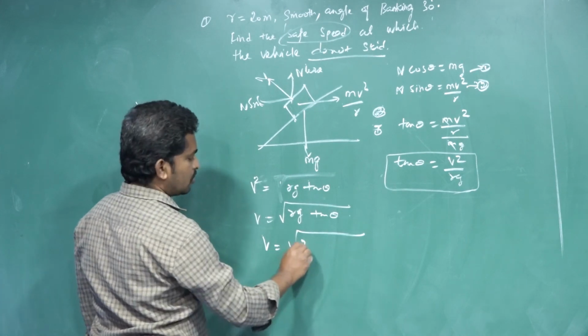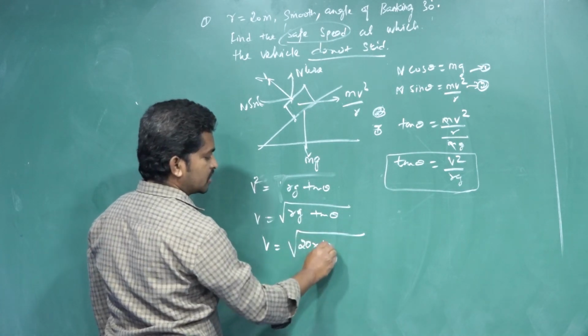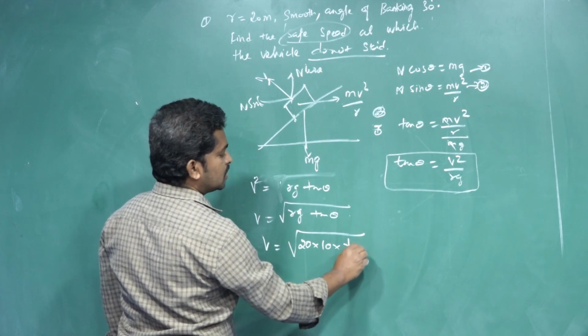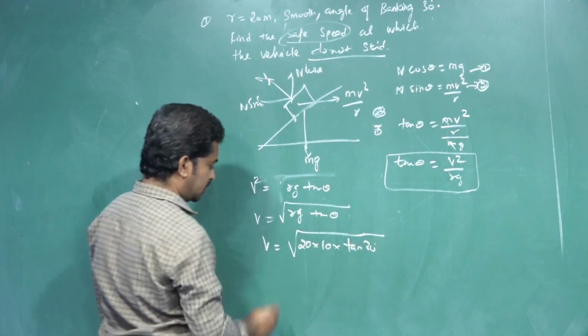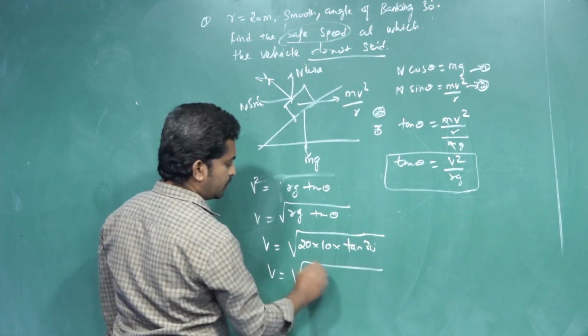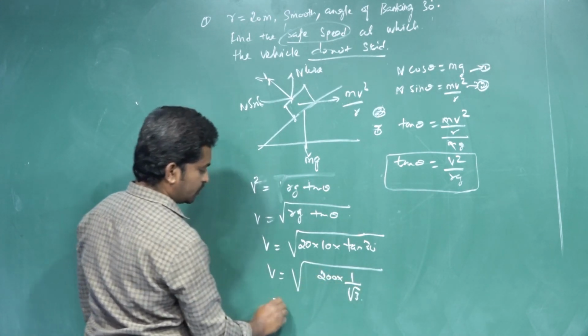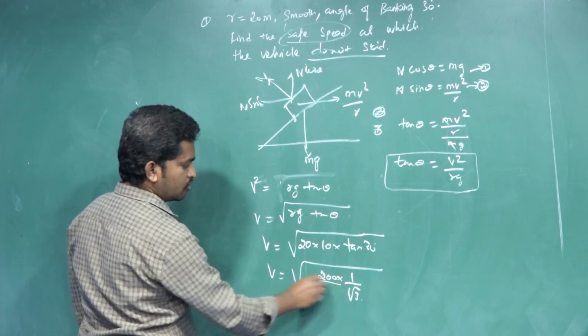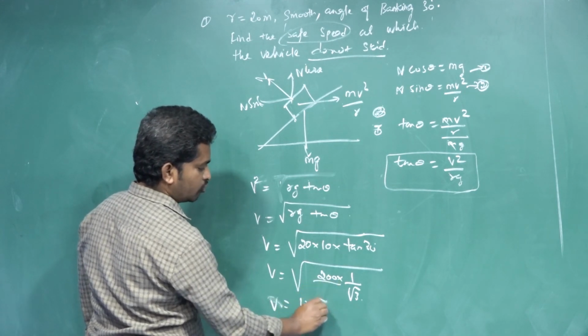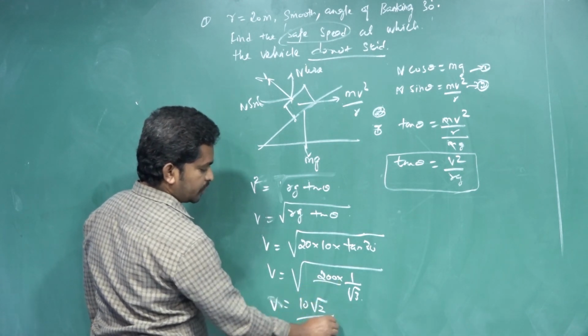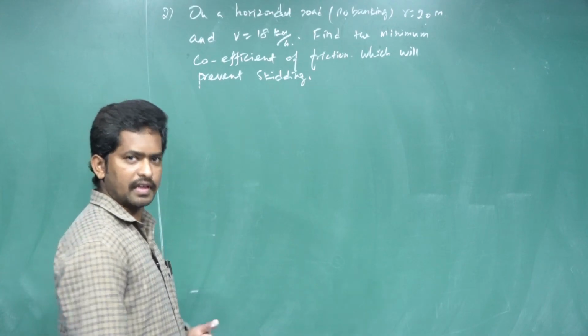R value is 20, g value is 10, tan 30 degree. So V is equal to square root of 200 times 1 divided by root 3, which is 10 root 2 divided by root 3. This is the answer.